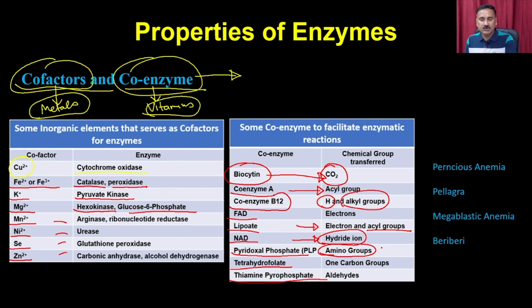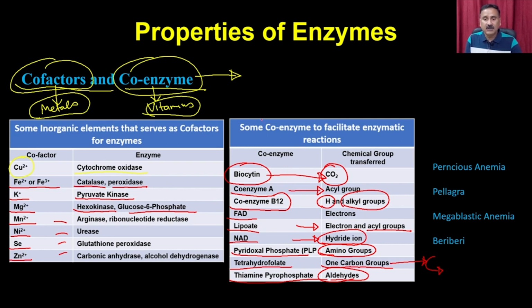For example, they transfer amine groups from one amino acid to another amino acid. Then we have tetrahydrofolate, which participates in one-carbon group transfers. So they are participating in the biosynthesis of nucleic acids, and they work in the salvage pathway. Then we have thiamine pyrophosphate, which works in the transfer of aldehyde.